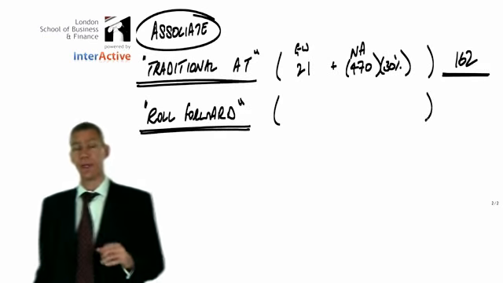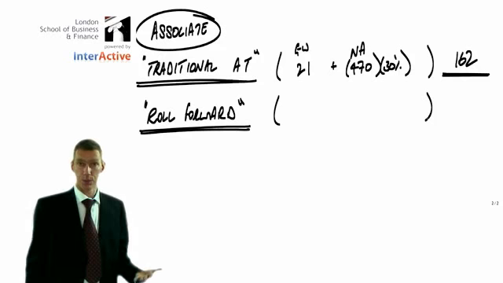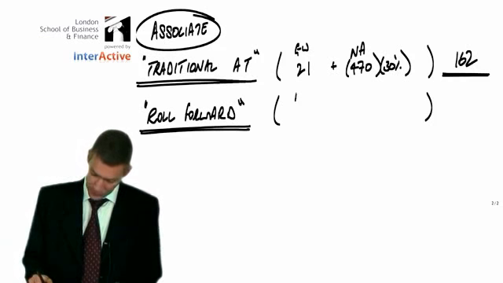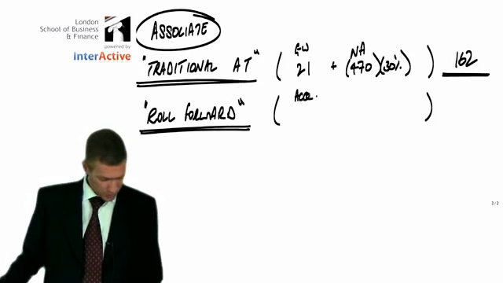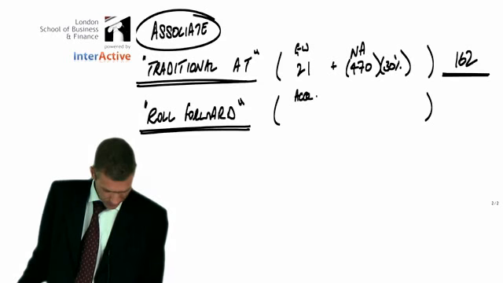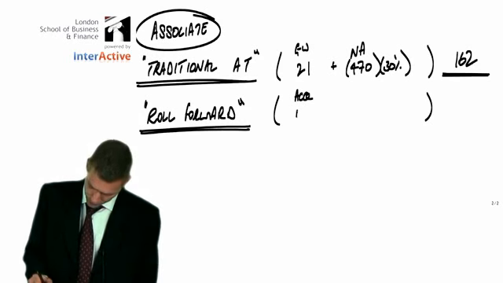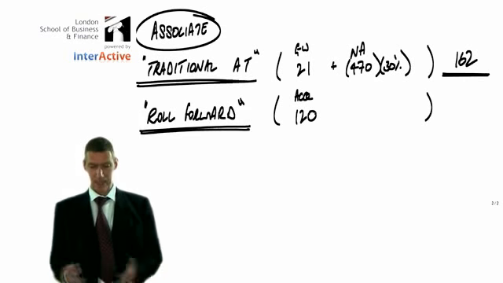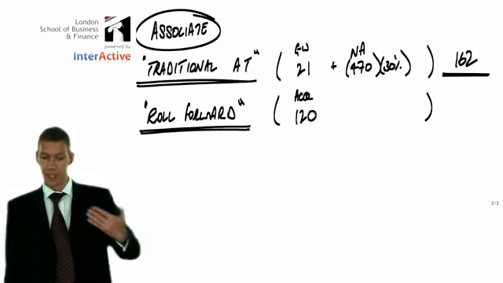What you do is you find out how big was the associate at acquisition. Well, the associate was worth what we paid for it at acquisition. At acquisition, you have a figure of 120. Can you see that on the balance sheet? 120. So the associate at acquisition was worth what we paid for it.